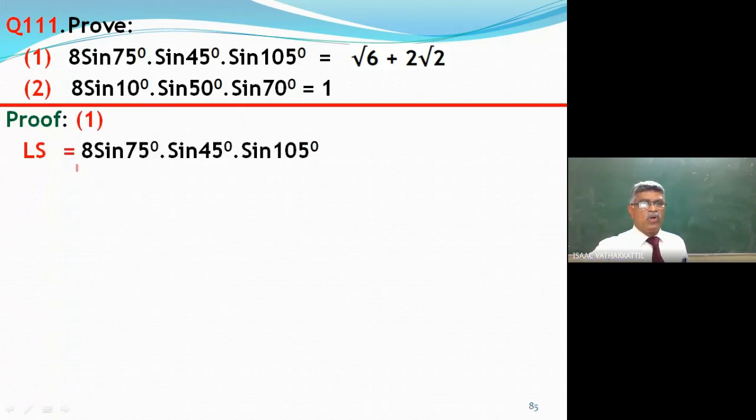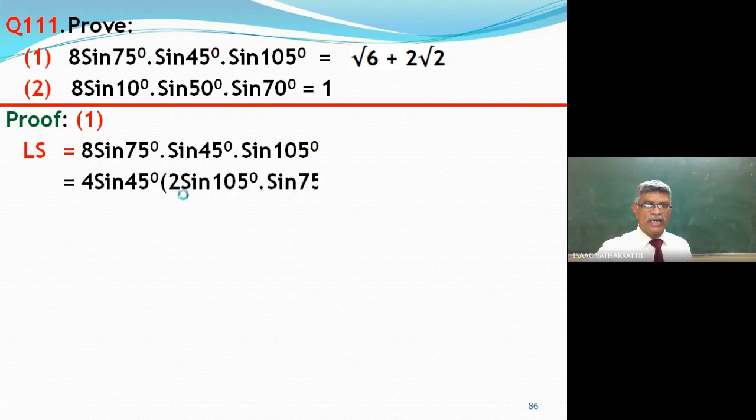First one, we can rewrite this as sin 45 degrees, a constant we know, and 8, I have written as 4 into 2. The 2, I write with this, 2 sin A sin B. 2 sin A sin B is cos(A minus B) minus cos(A plus B). Sin 45 degrees is 1 by root 2.